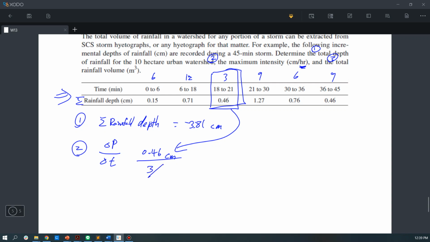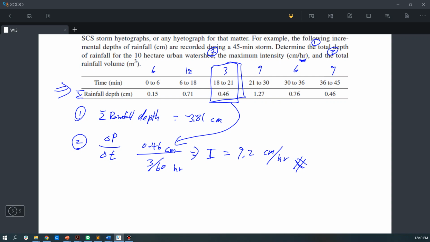So 3 minutes divided by 60, you just convert the unit from minute to hour. So this is hour now, and then you can get the intensity is equal to 9.2 cm per hour. Okay, you should double check this answer is the maximum intensity by calculating this intensity value for each interval here. But I will leave that work to you.